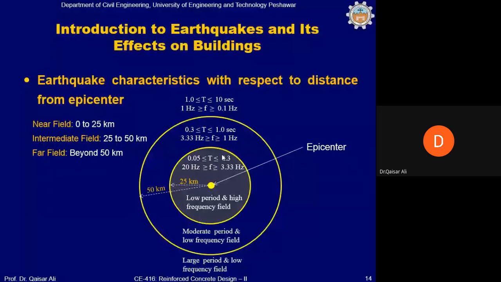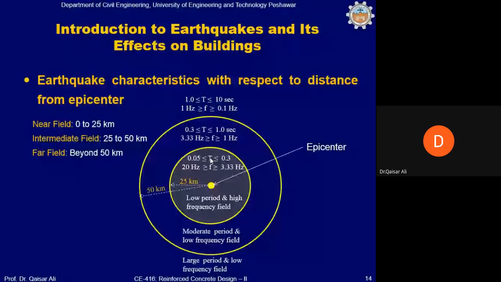So the time period in the near field region of the earthquake waves varies from 0.05 to 0.3 seconds, which means there will be waves with a range of time period from 0.05 to 0.3 seconds.